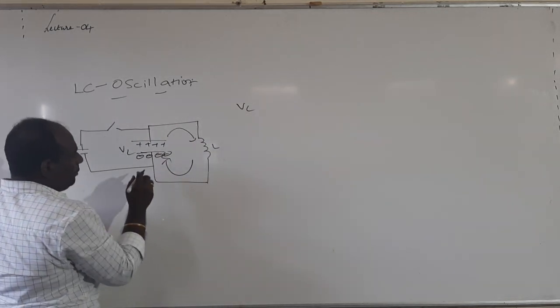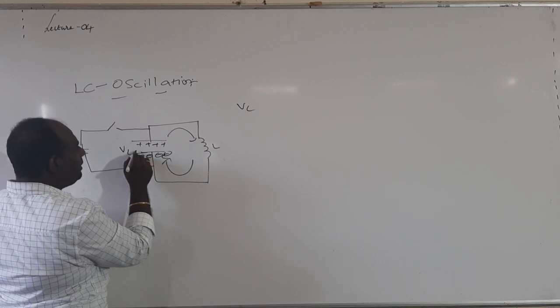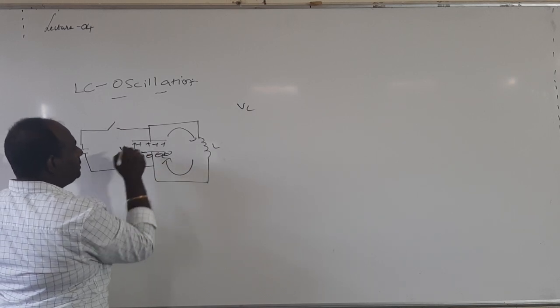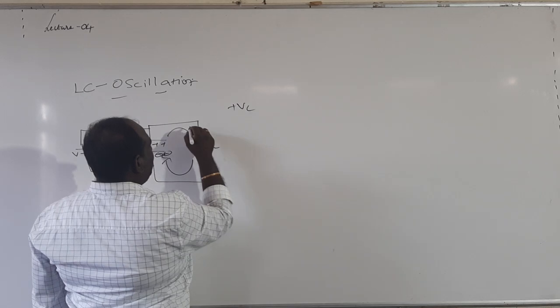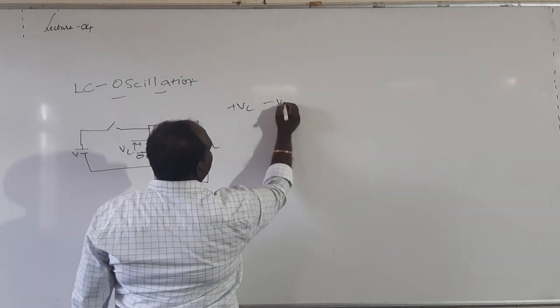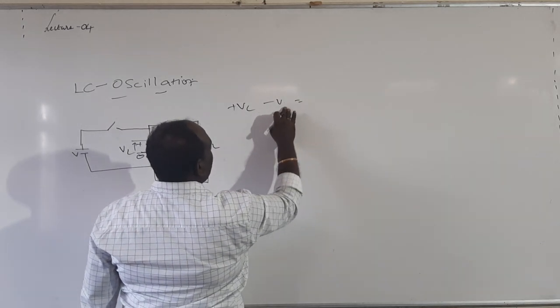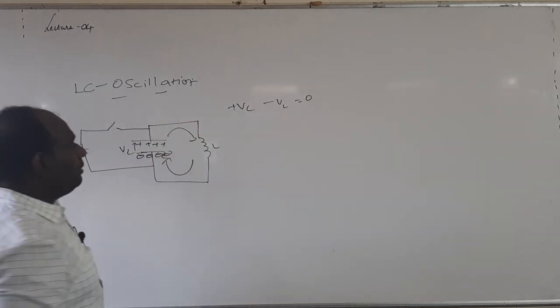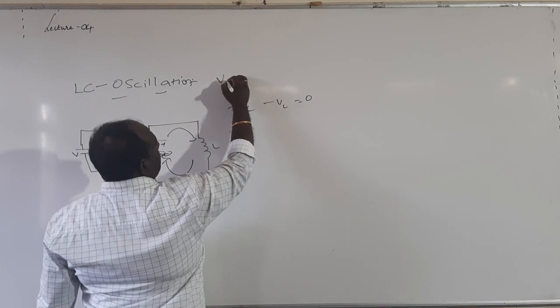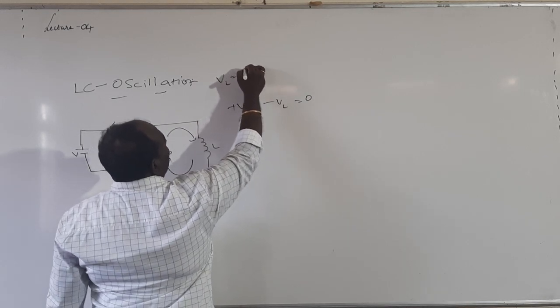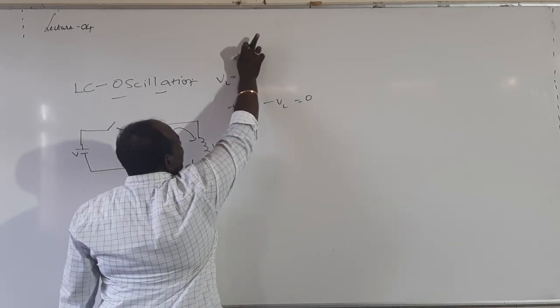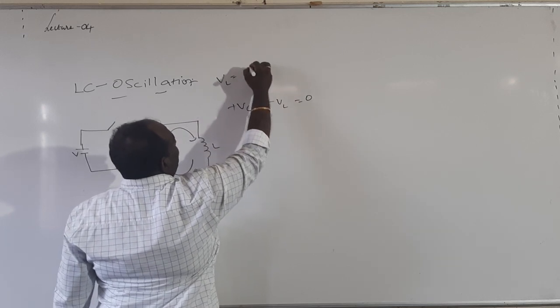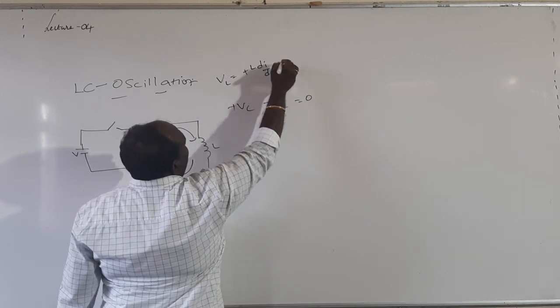We know when we move from negative to positive, gain occurs, so we get plus VC. In case of the inductor, a drop occurs, so VC minus VL equals 0. We have a condition: VL is equal to, neglecting the negative sign and taking only the magnitude, plus L di by dt.